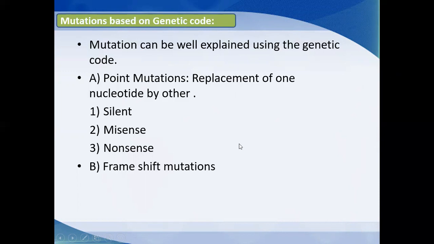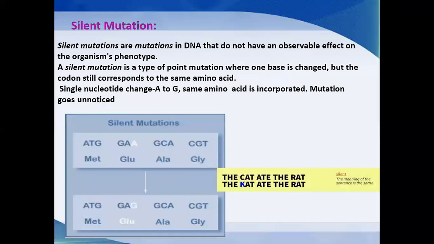First we can learn about silent mutations. Silent mutations are mutations in DNA that do not have an observable effect on the organism's phenotype. That means it never shows any phenotypic effect. The mutation occurs, but it never shows external changes.